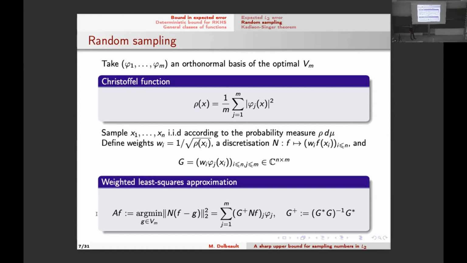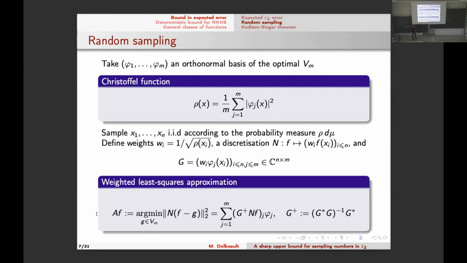And now the density rho will in fact be independent of the choice of the basis. That's just seen by Cauchy-Schwarz. And it will tell me where I have to sample points. If my functions phi have a large amplitude at some point, I will have to sample points in that subdomain of D.